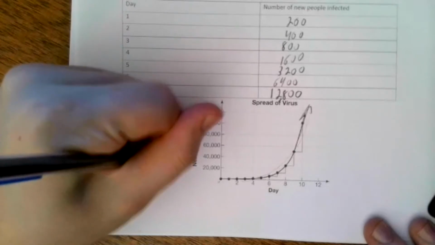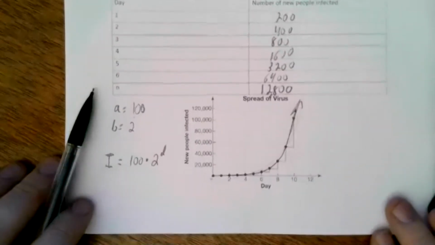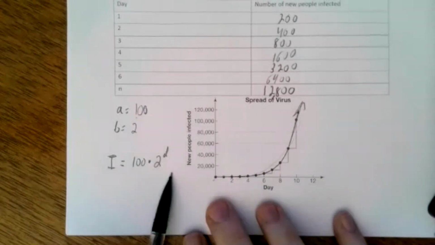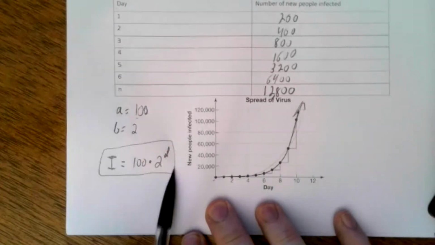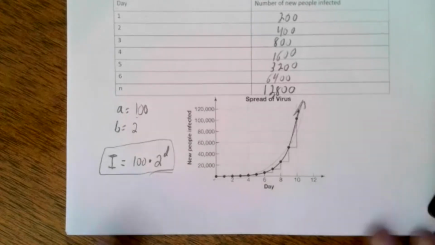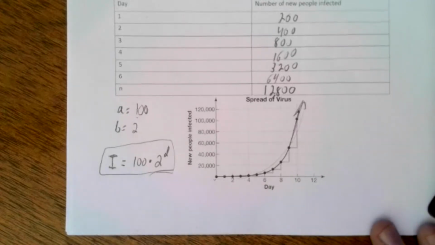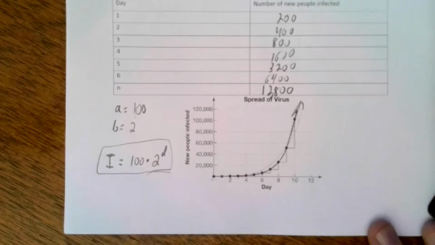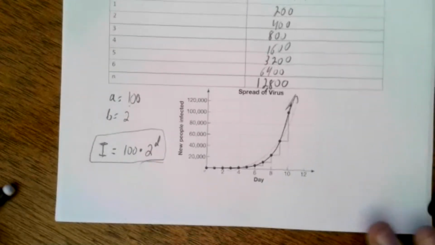I'm going to write d, lowercase d, just for the number of days that have passed. Okay? So that should be my formula for how I can find out how many people on the nth day. Okay. All right. Any questions on that page?